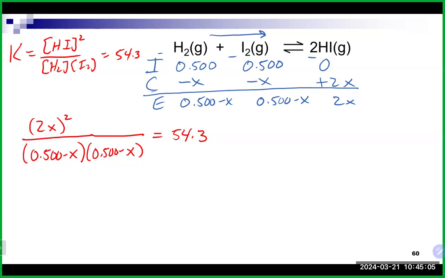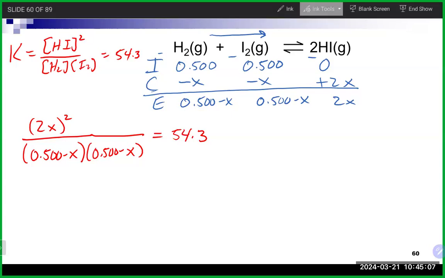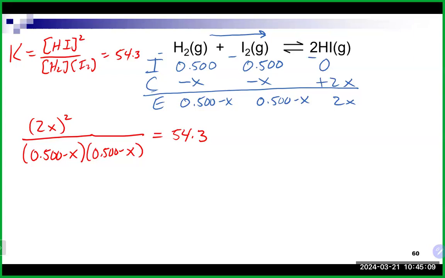At this point, we do want to solve for x, and hopefully you look at that and see it is a perfect square on both sides. So you don't necessarily have to do quadratic unless you're fond of it. You could always do quadratic if you like to, but this actually is a perfect square on both sides, which might be an easier way to solve for this.